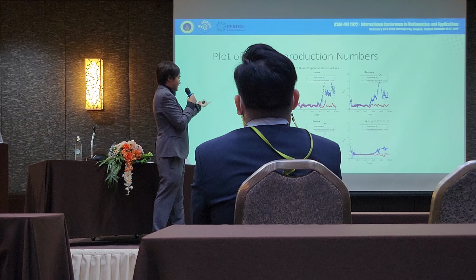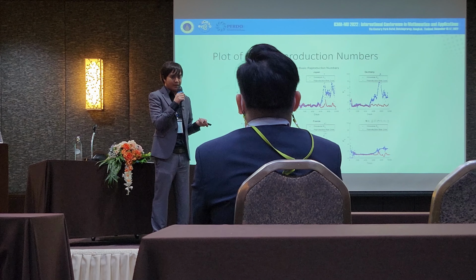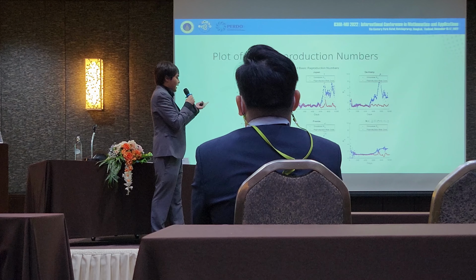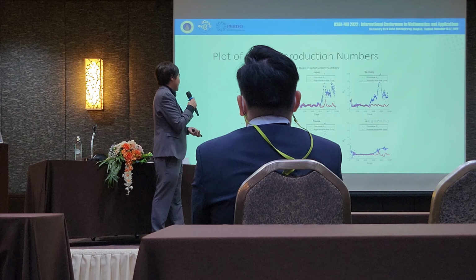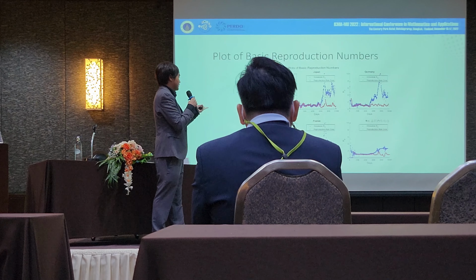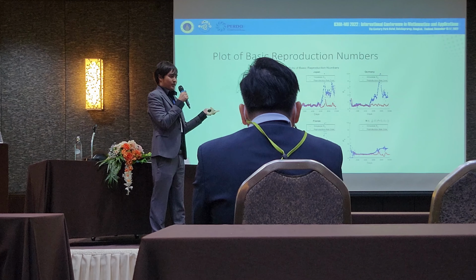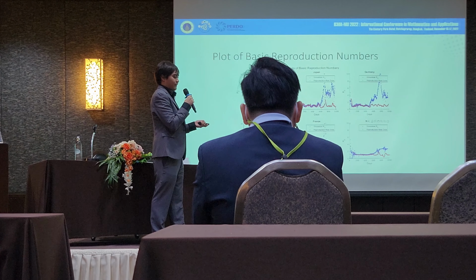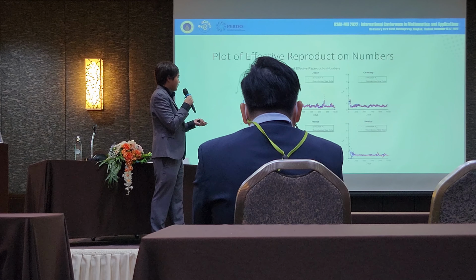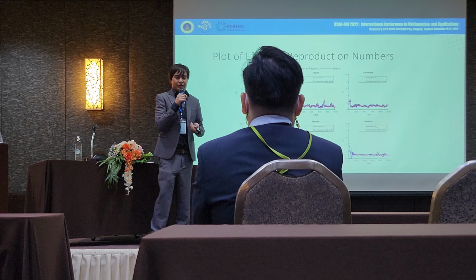You can see it only does well in the first half, right? Second half, not so great, because it rises way beyond where it should be according to the reported data, according to the statistics. And that's why we have to consider the effective reproduction number, where here it's much, much better.